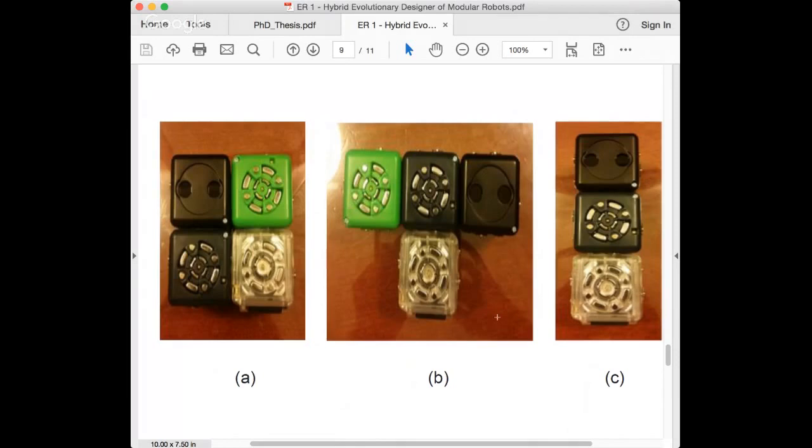But for now, which one of these robots do you think achieved the best performance and gave us the best fitness level? A, B, or C?